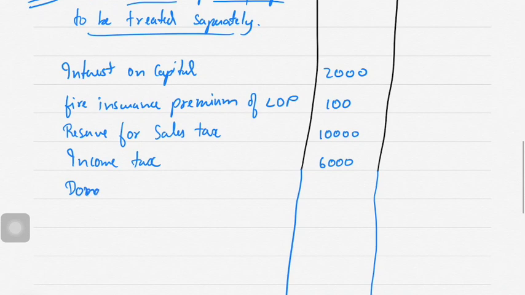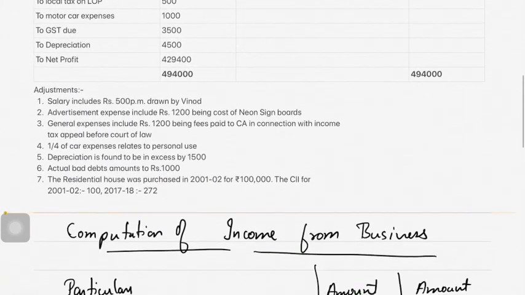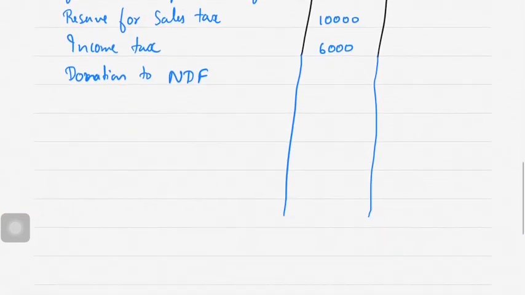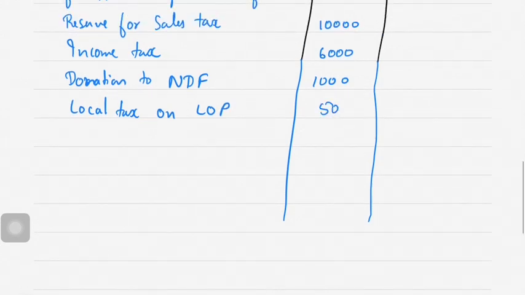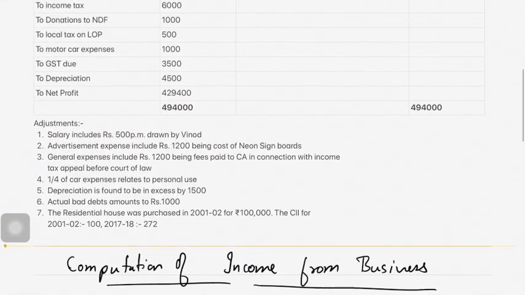Then donation to NDF 1000. Local tax on LOP 500 is municipal tax. When you calculate income from house property, this 500 will be deducted.